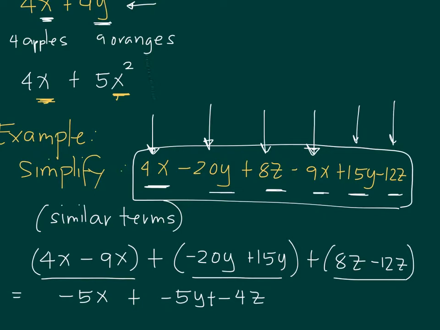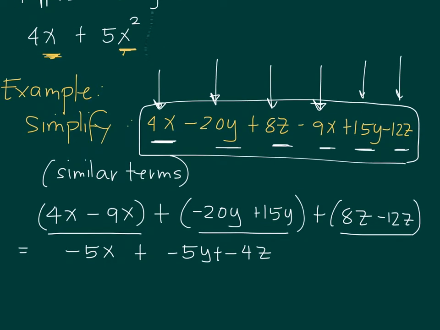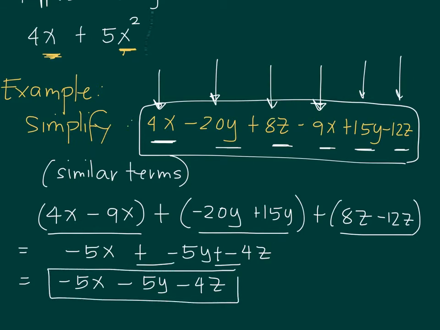And then after that, all you have to do is simplify the operations involved. In this case, if we have plus and negative, it means minus, so 5y. And another plus and negative means minus, so 4z. So this is the simplest form of the given expression.